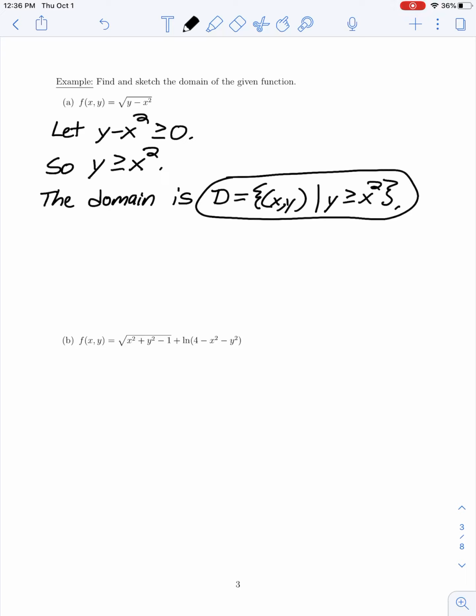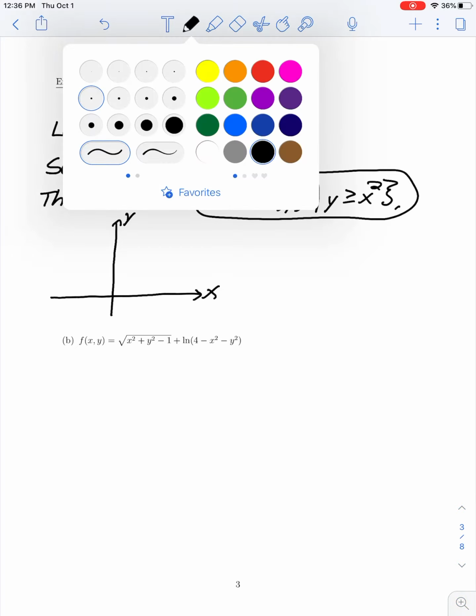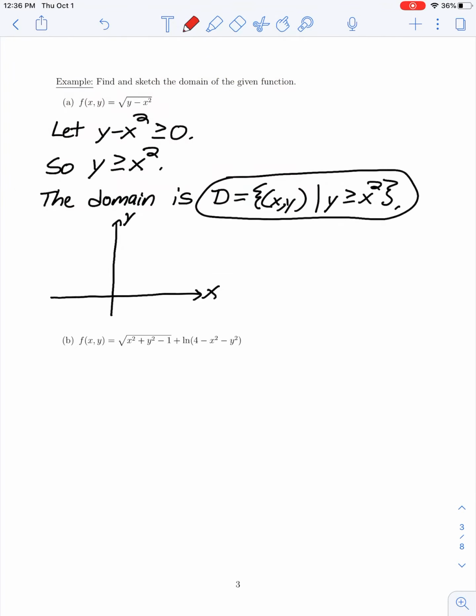Now, if we're asked to sketch our domain, let's think about what part of the xy plane this represents. So if we consider the boundary of our domain, which would be defined by the equation y equals x squared, well, we would have a parabola in the xy plane whose vertex is at the origin and is opening upward.